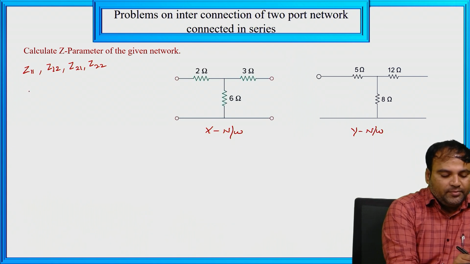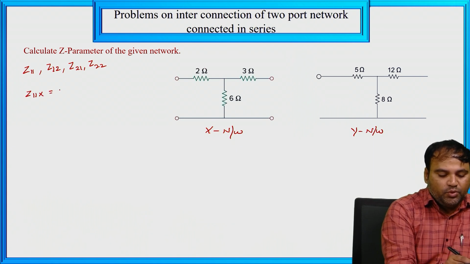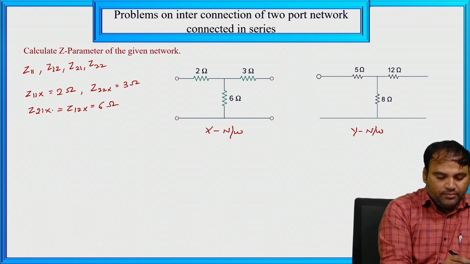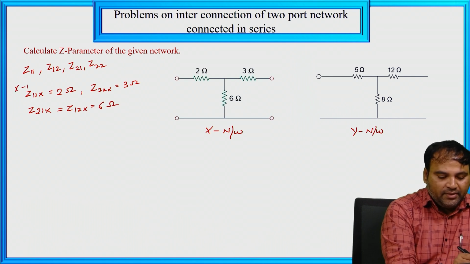For the X network, Z11X equals 2 ohm, Z22X equals 3 ohm, and Z21X or Z12X equals 6 ohm.